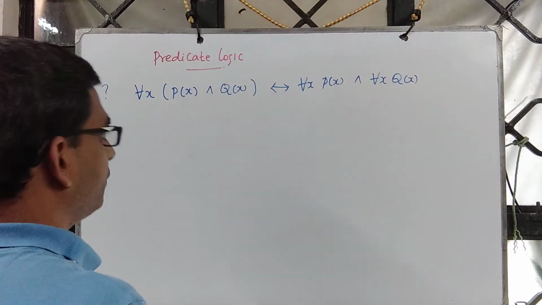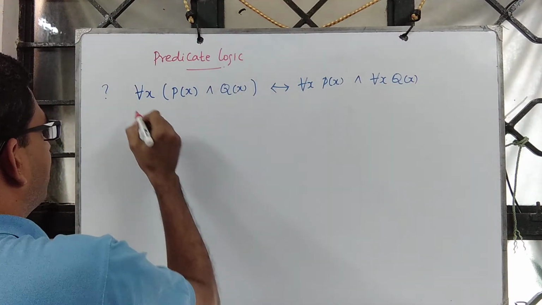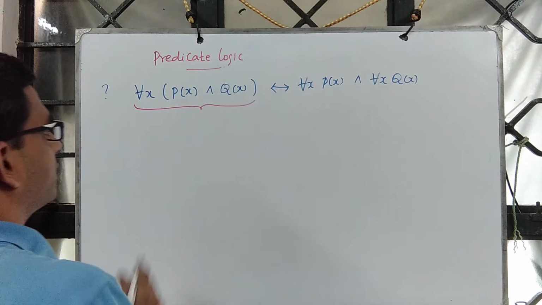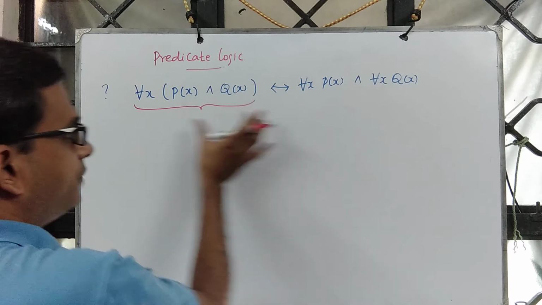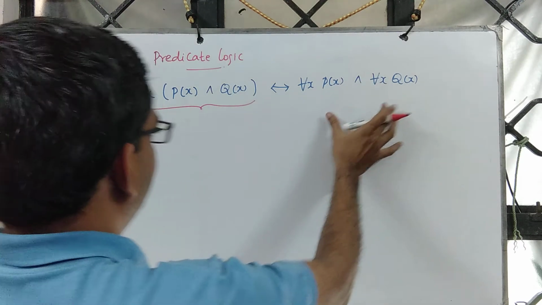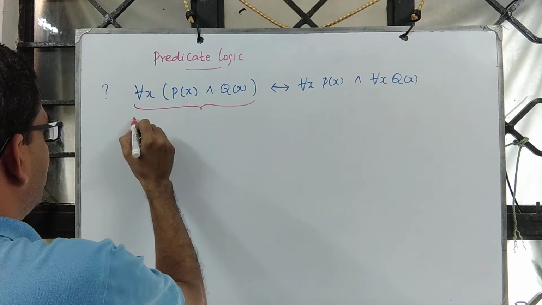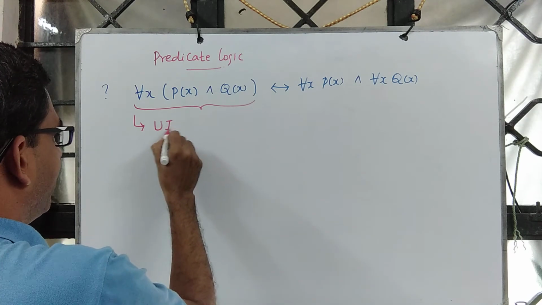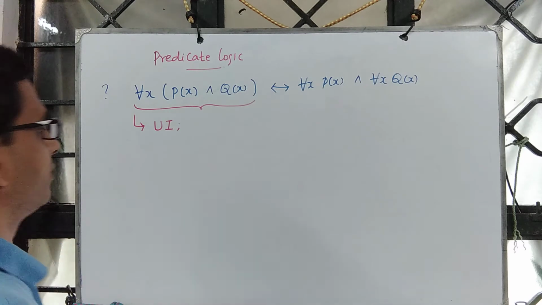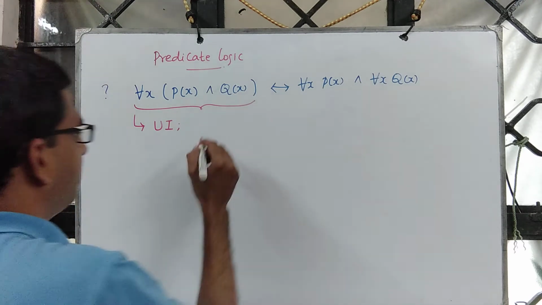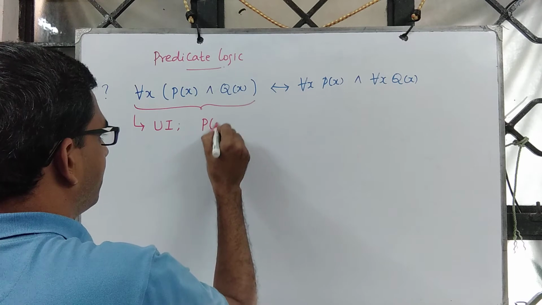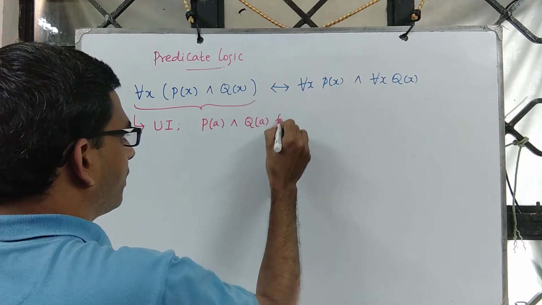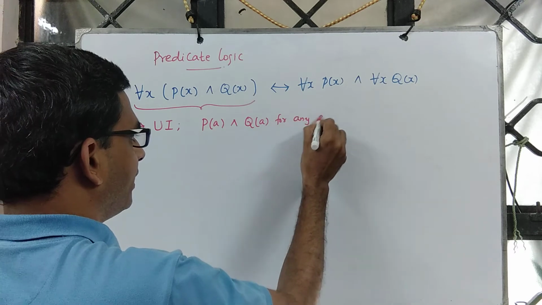Okay, what we will do, we will make use of what we have discussed so far and try simplifying this. So in an attempt to prove this and this are equivalent, the first step is to convert this into a propositional logic by employing appropriate instantiation. So on UI, this becomes p of a and q of a for any a.